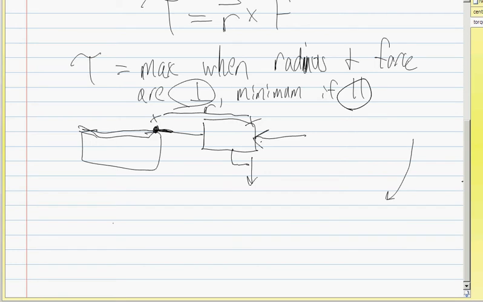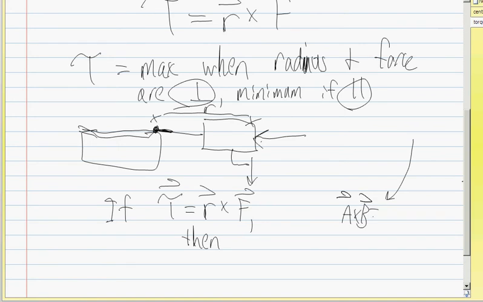So if torque is R cross F, then as we learned earlier, we know that the cross product of A and B equals AB sine of theta.